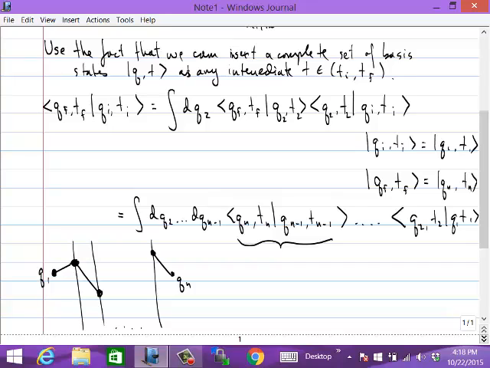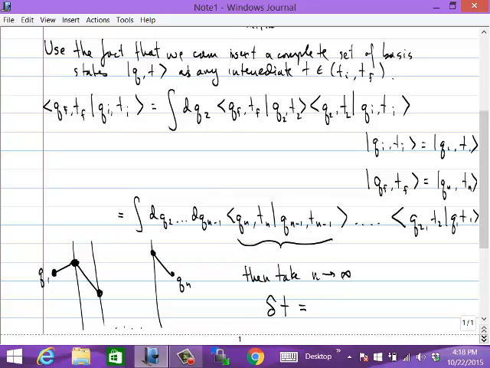And then, as you can probably anticipate, what we want to do is take the limit where n goes to infinity, so that the time difference between two of these times, say ti and ti plus 1, will go to 0.